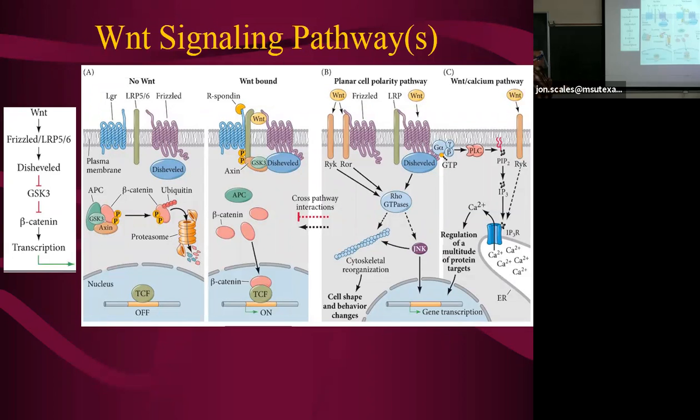When Wnt binds to its receptors, they interact with disheveled, and it's still not clear how disheveled does what it does, but one thought is that it recruits GSK3 and the axin complex to the receptors.